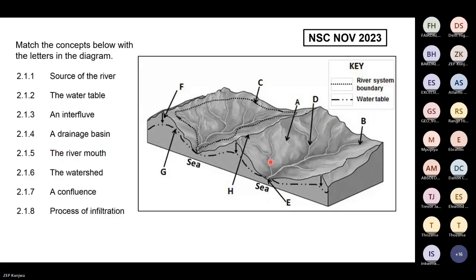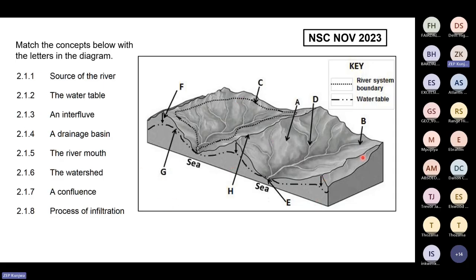Okay, learners, I just want us to go together to the diagram. Question 2.1.1 says, match the concepts below with the letter in the diagram. If you can see, the multiple choice questions are kind of changing, learners.